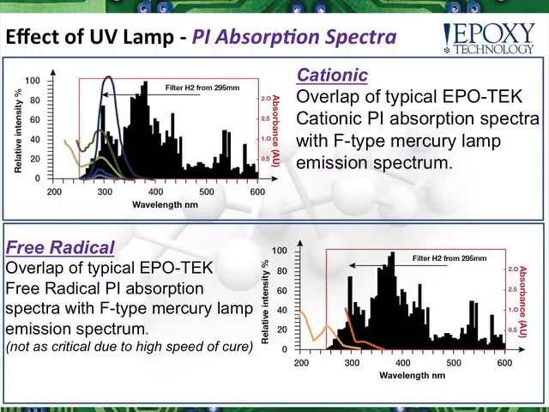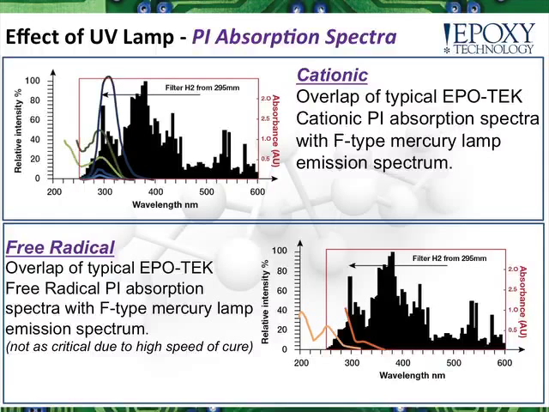You can see here an excellent overlap with many of the photoinitiators we use, and that the photoinitiators tend to be active from about the 250 up to about the 395, 400 range, but that the peak activation is in about the 300-ish nanometer range.